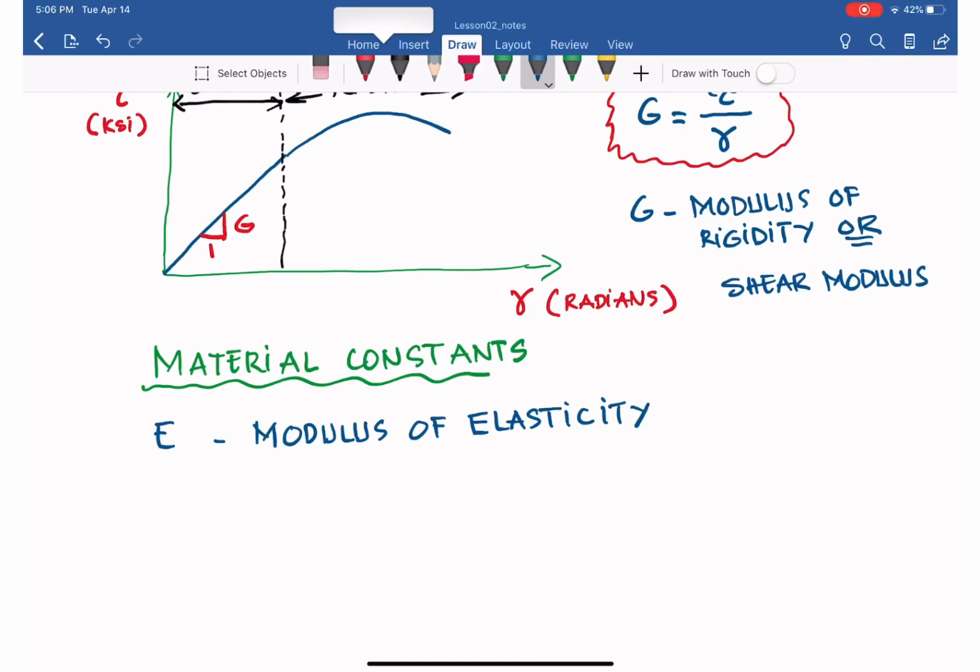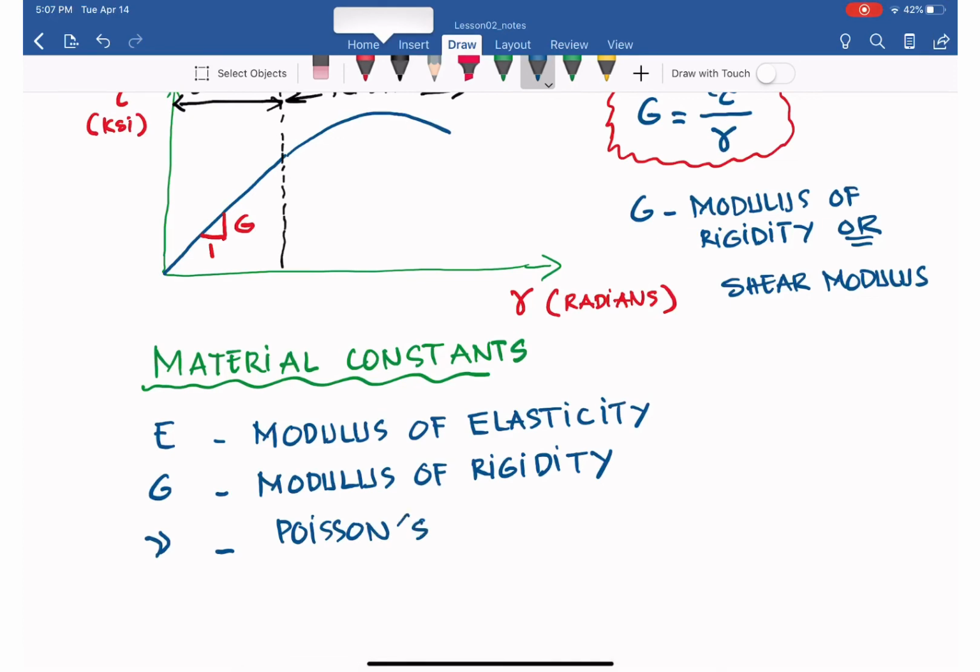And then chi is the modulus of rigidity, and Poisson ratio, nu here.